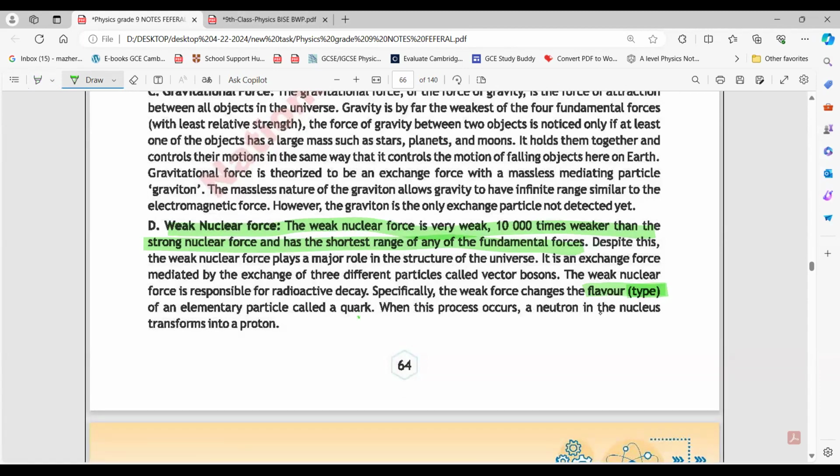Let me write what quarks are. Basic building block of elementary particles like proton, neutrons, and electrons. They are made up of these. Okay.